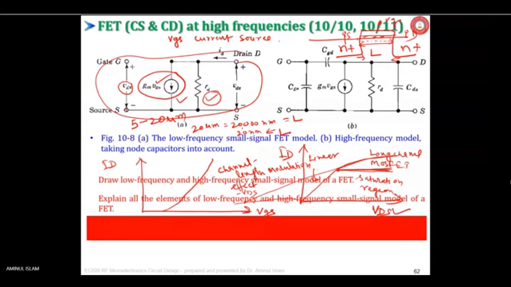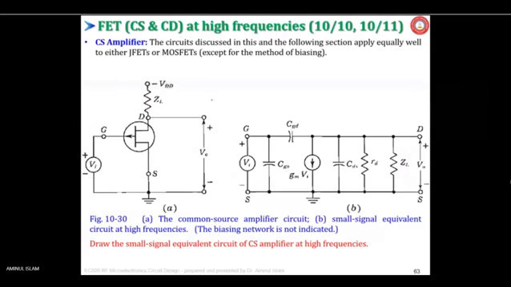Because if I start discussing, it will be like this: the current ID equals 0 when VGS is less than VT. What is VT? Threshold voltage.